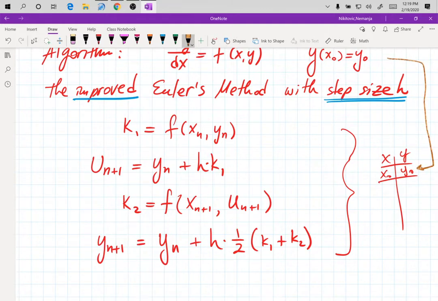There we go. And then it's going to generate x1, y1, x2, y2, x3, y3. Remember, that is your output, ordered pairs to plot and draw the line through them.